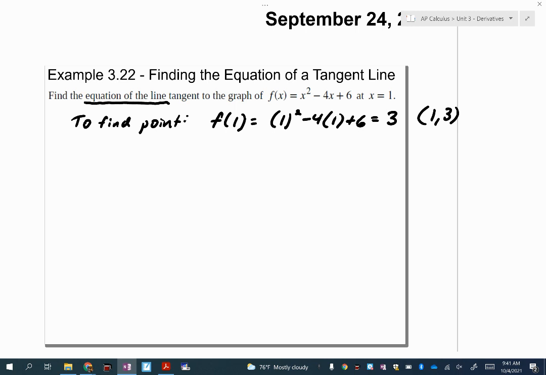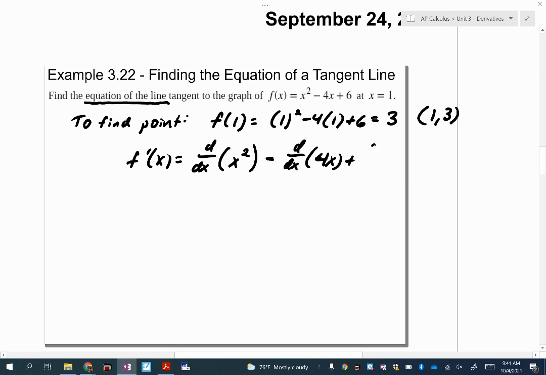So the way I'm going to do that is I need to find the derivative of the function, which is going to be d/dx of x squared minus d/dx of 4x plus d/dx of 6. So first I'm going to find the derivative. So that's 2x minus 4. And you could write plus 0 if you wanted to, but you don't need to, right? The derivative of that constant 6 will be 0.